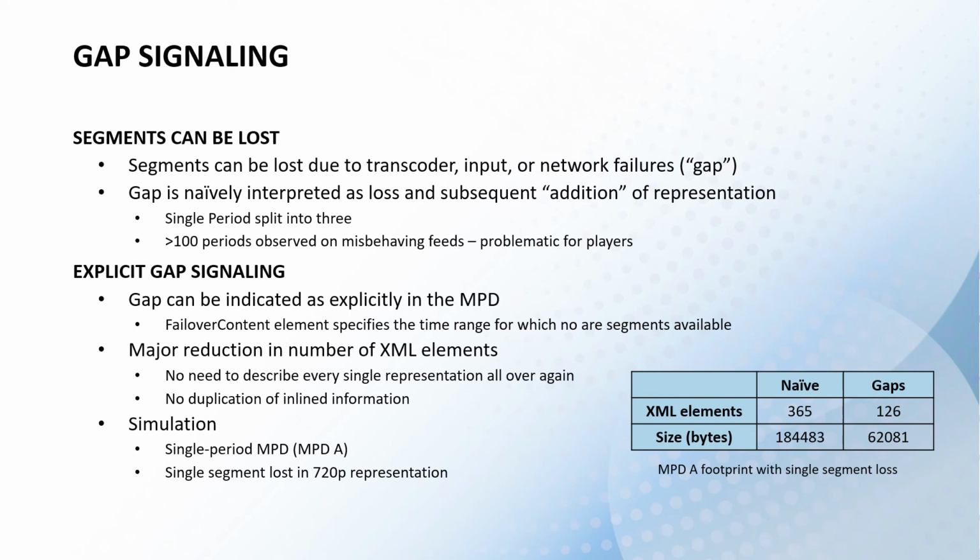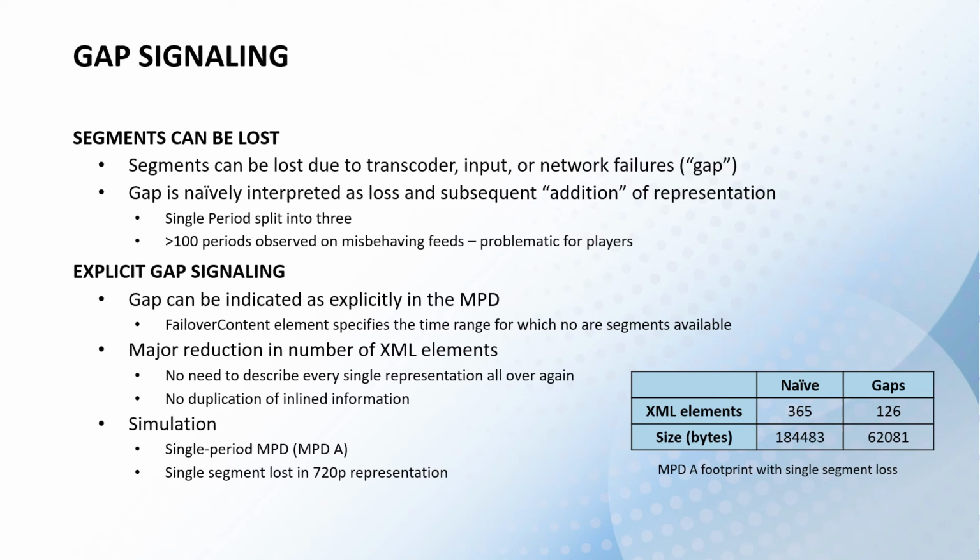In order to avoid it, we can signal these gaps explicitly in the MPD. There is an element introduced in the 4th edition of the spec, failover content. You put it on the representation level, and what it says is you don't have any segments between time x and time y for this representation.